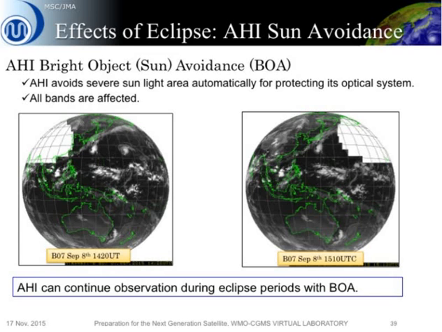Although MTSAT-2 cancelled the whole observation during the eclipse period, Himawari 8 is able to continue observation even during the eclipse period.